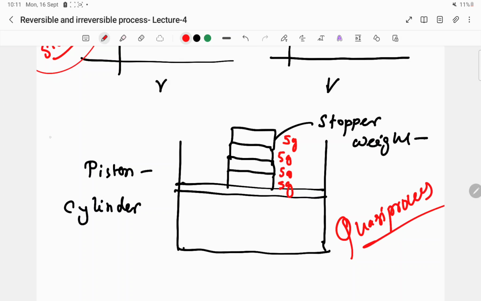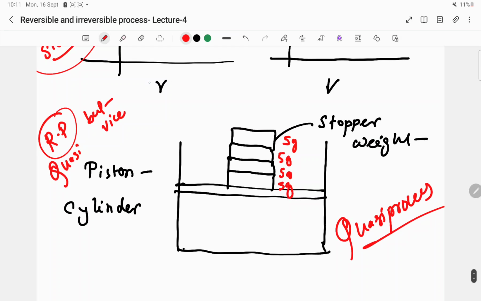So all reversible processes are quasi-static processes, but the opposite is not true: all quasi-static processes are not reversible processes. So let me repeat, all reversible processes are quasi-static processes, but all quasi-static processes are not reversible.